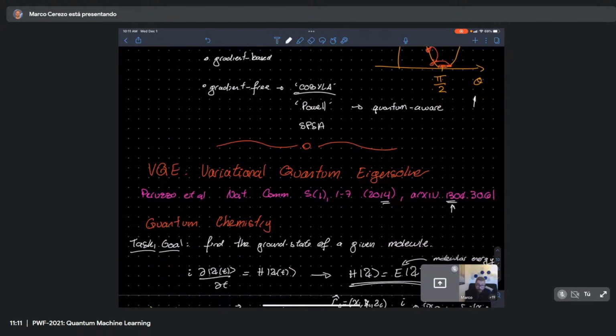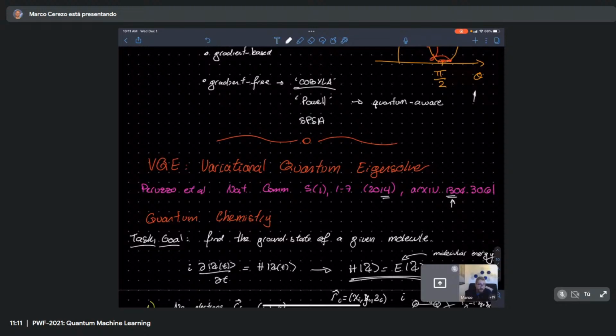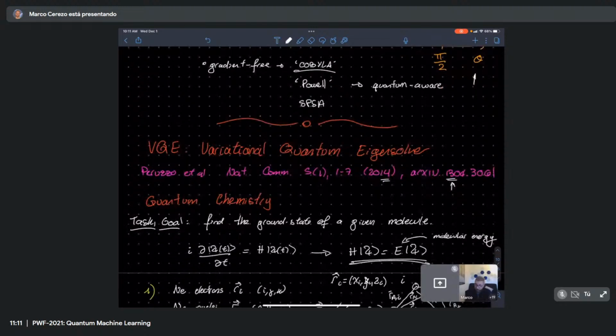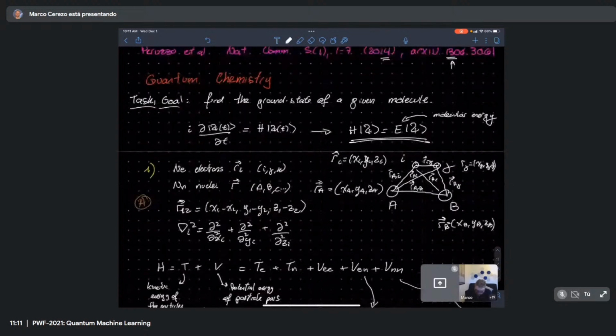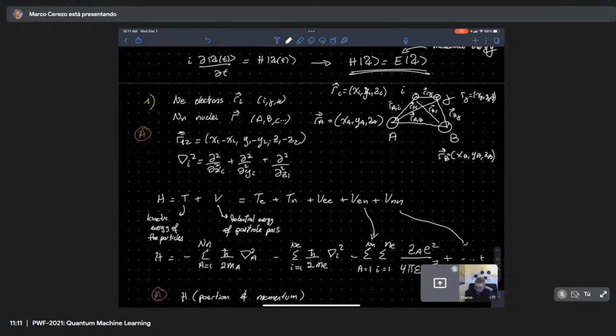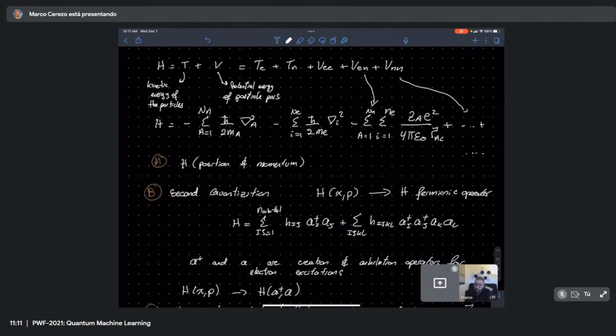Our first example was the variational quantum eigensolver, which is perhaps the most famous quantum algorithm. Juan Miguel talked quite a lot about that algorithm in his talk today. And he also talked quite a lot about quantum chemistry, which is sort of what we reviewed during last talk.